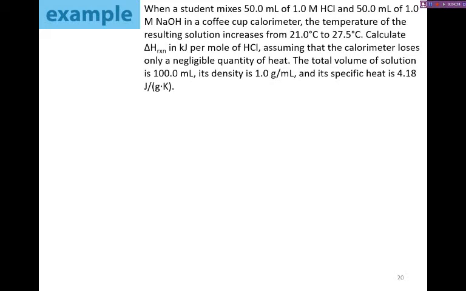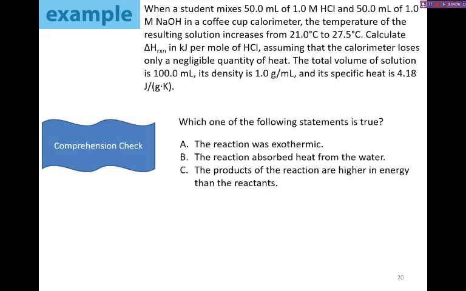So let's make sure that we're first identifying whether or not this is endothermic or exothermic. So again, we are talking about the temperature went from 21 to 27.5. And remember that when we look at temperatures, it's from the perspective of the thermometer.